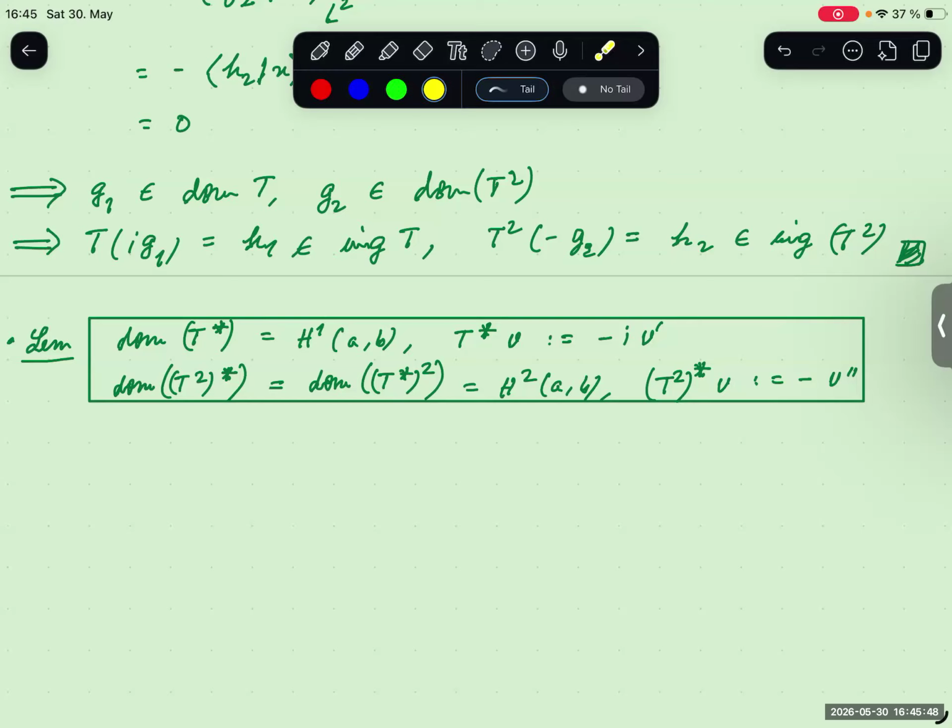Is this clear? Okay, I do not see any question, so maybe I go through it and then we will discuss. But please, if you have any question, interrupt me anytime.